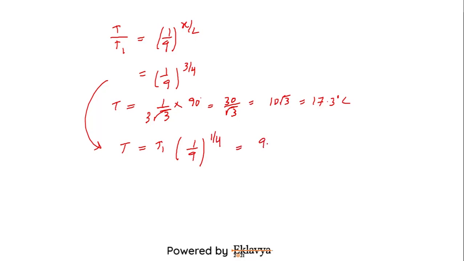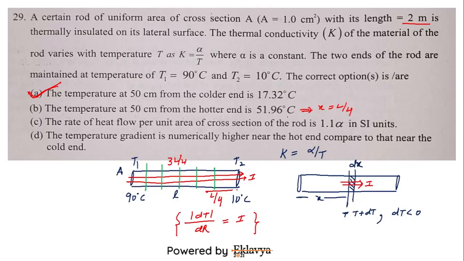So this becomes 90 degree upon 3 to the power 1 by 2, which is 30 into root 3, that is 3 times the previous value. That is close to 51.96. So even this is correct. Option B also seems to be the correct one.